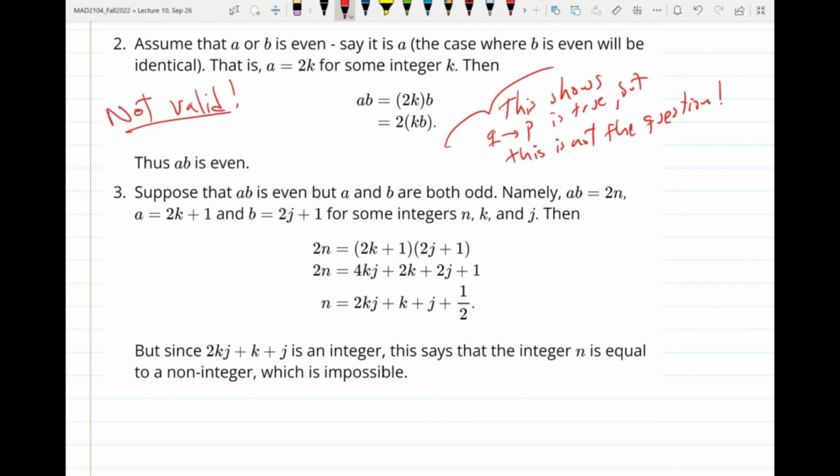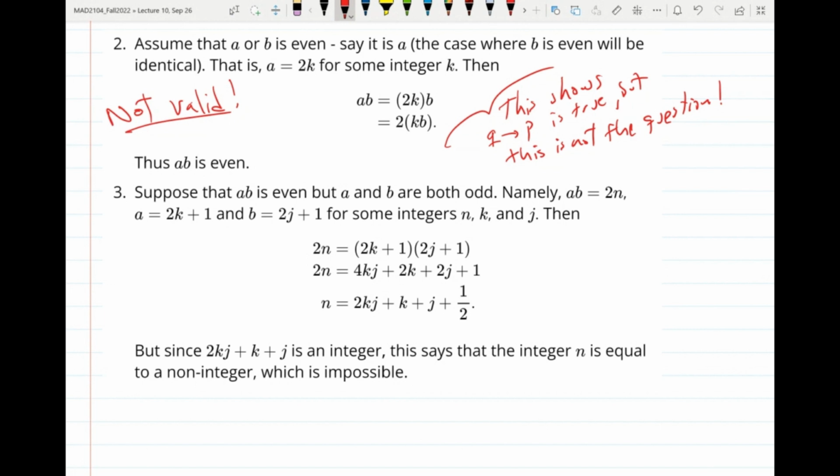So you start assuming that what you want is true, then what are you doing? Then why are you arguing if you're already assuming that it's true? What you wanted to argue about? So it's not valid. Does everyone understand that this is not valid? The point is because this is really the converse of what we want, P implies Q. As you know, the converse is not the same as the original implication. It's only the conditional and its contrapositive.